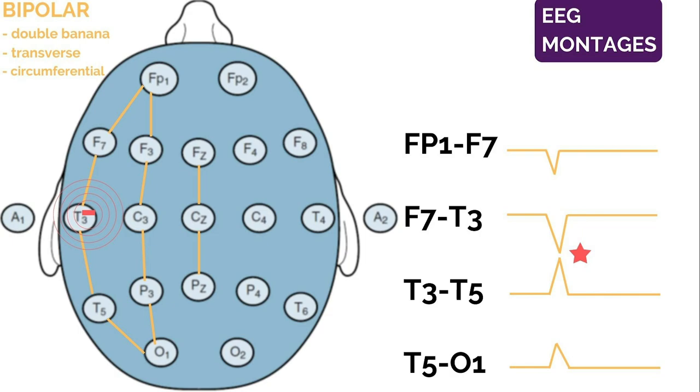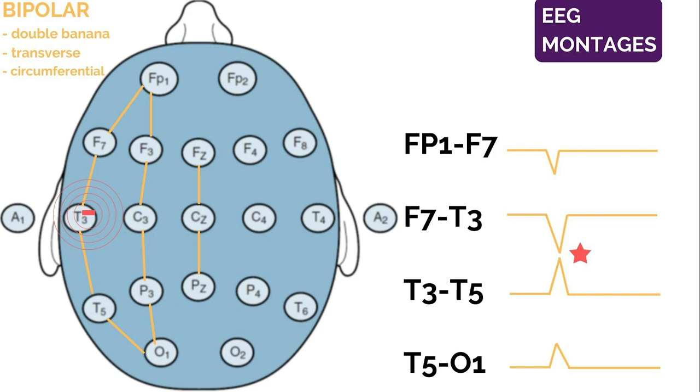You're correct. It's going to be more positive because it's farther from T3, or farther from the point of maximal negativity. So therefore, comparing FP1 and F7, the output will be positive. And as we learned, positive goes down on EEG. And that's why we have that down-going wave.